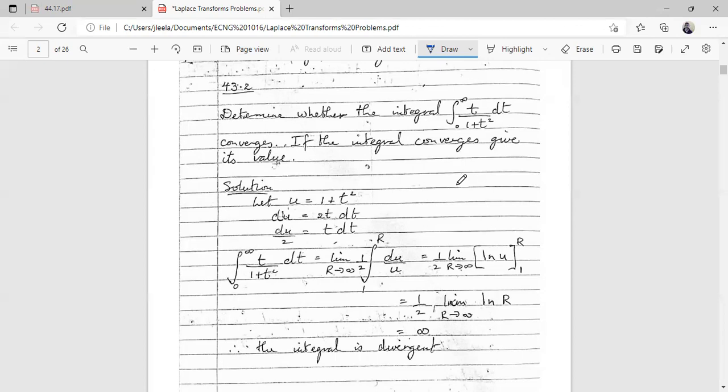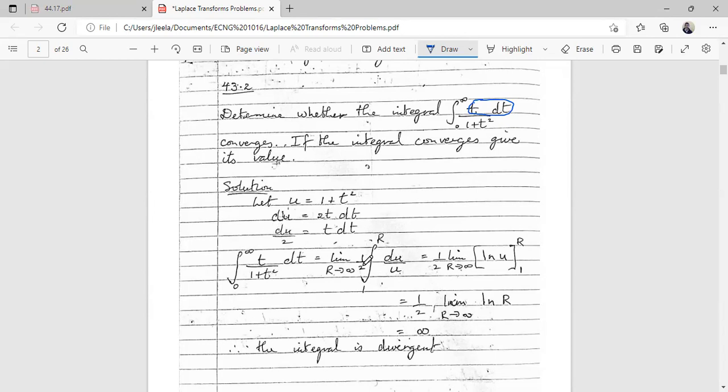So therefore, I want to change my integration from dt to du. So du will be 2t dt. So du over 2 will be t dt, which is the part on top here. So I will replace that part on top by du over 2, right?